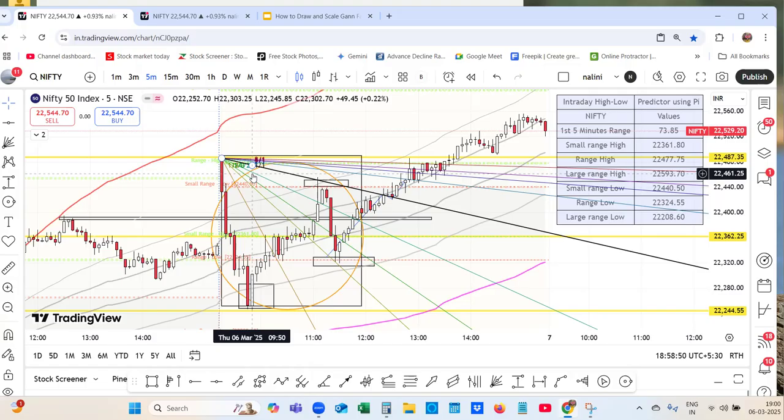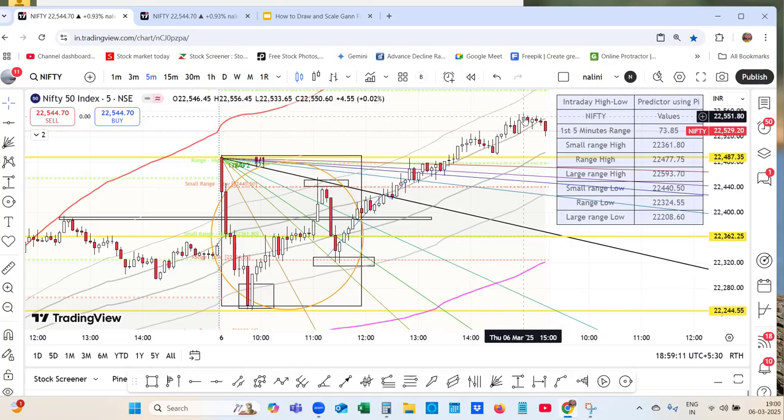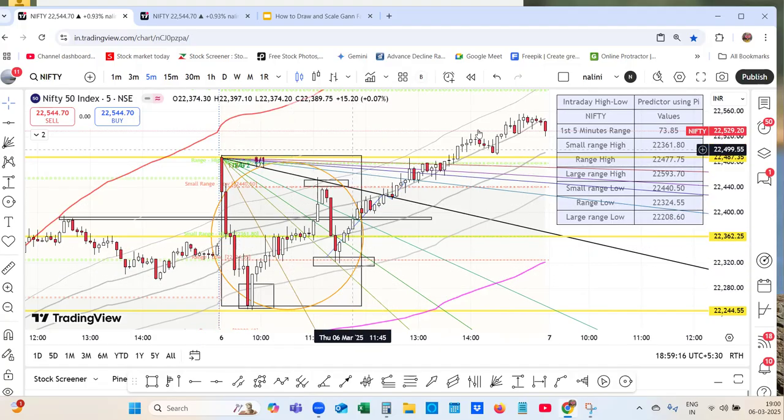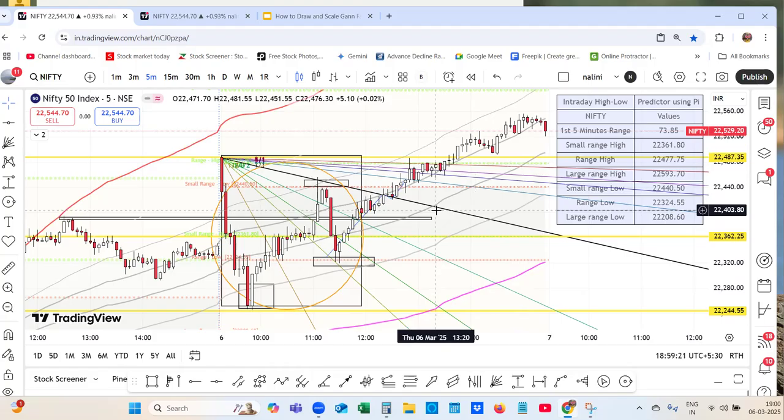So if you find the turnaround exactly, you get a solid parabolic move from the level of 21,926. You can see the market rallied up to 22,500, and the high was 22,556. Amazing. If you get one trade, that is enough for the whole month. If you cash that trade accurately, that is enough.